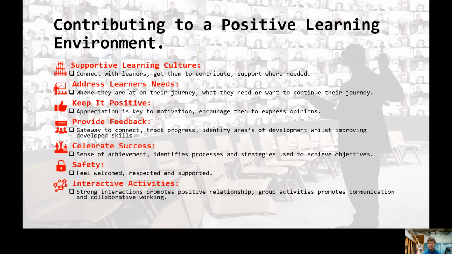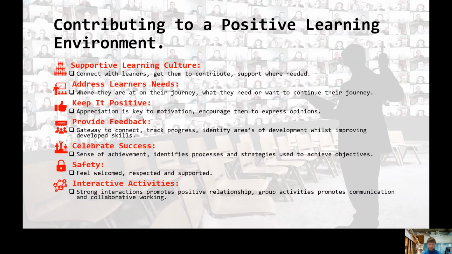We'll celebrate success, so a sense of achievement, and this will also help us identify processes and strategies that they could use to achieve their objectives. We'll make sure we offer safety so that they feel welcomed and respected and supported, and we'll look to use interactive activities. So again, that'll promote good communication and collaborative working around problem solving and such like.